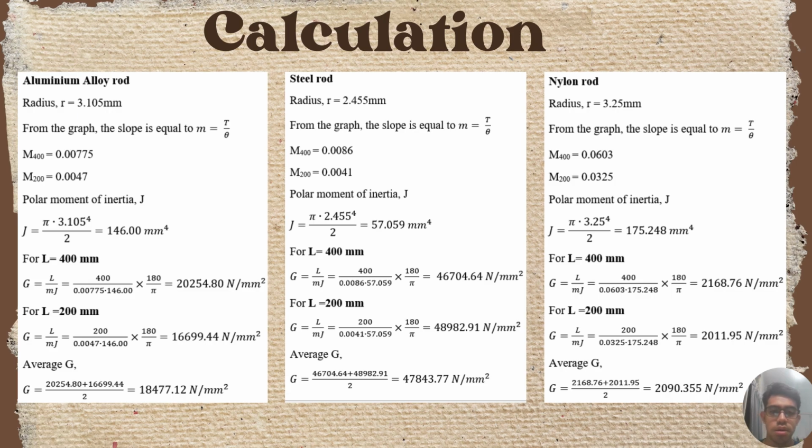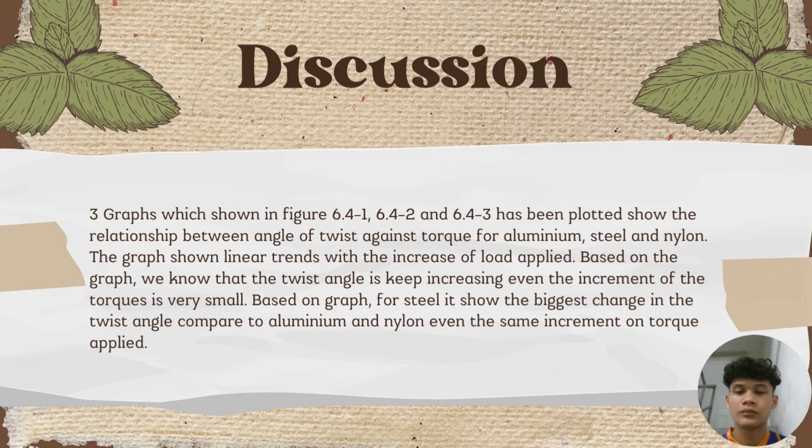Next, we need to calculate for steel rod and nylon rod using the same operation and same formula. And for this discussion, three graphs shown in figure 6.41, 6.42 and 6.43 have been plotted to show the relationship between angle of twist against torque for aluminium, steel and nylon.